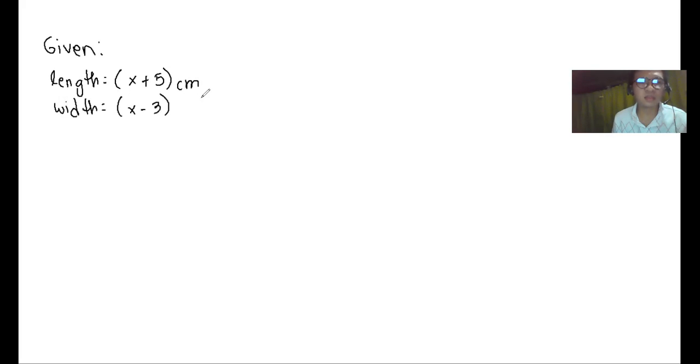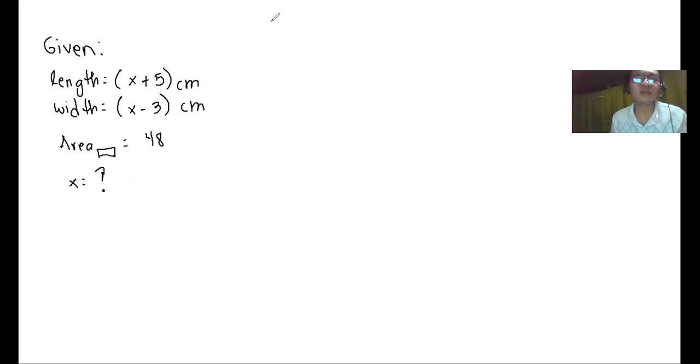We have the length, which is x plus 5 centimeters, while the width is x minus 3 centimeters, and the area of the rectangle is 48. So we will find the value of x.